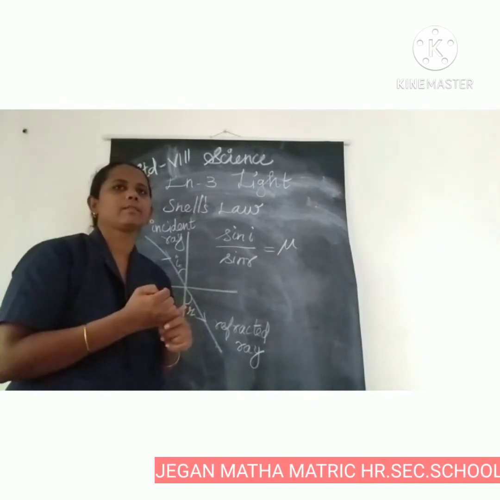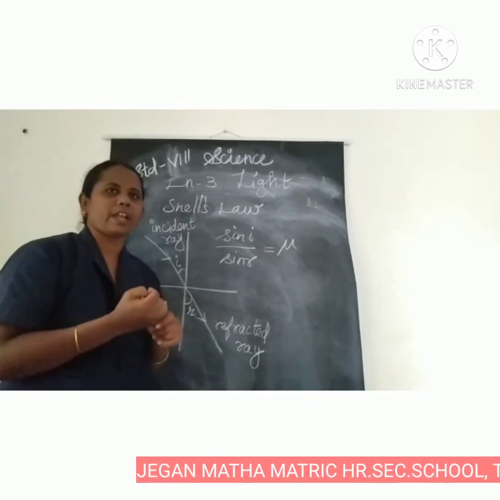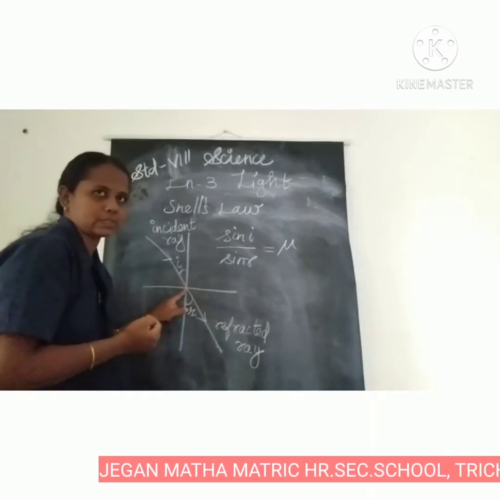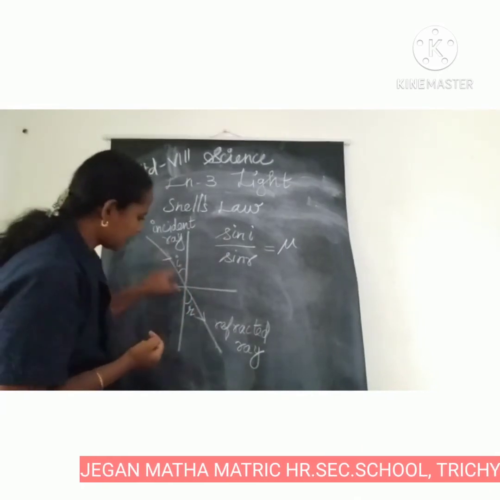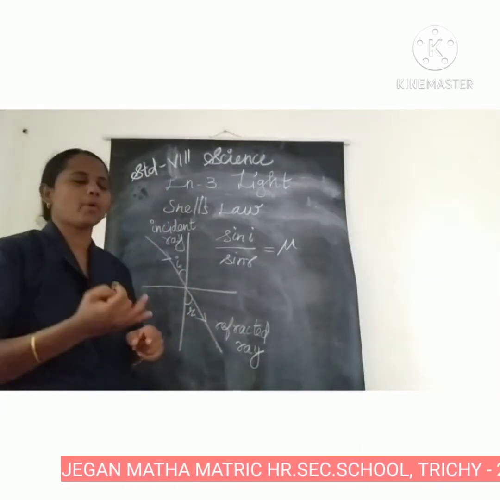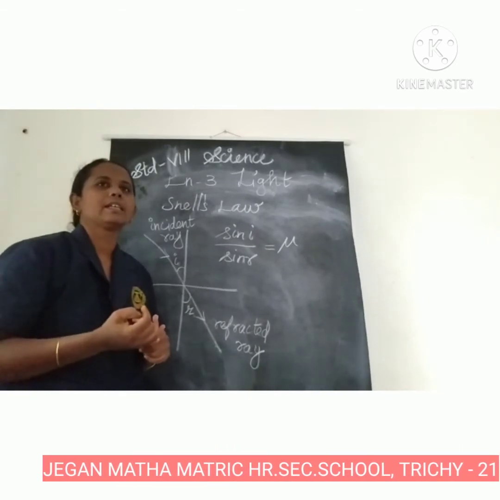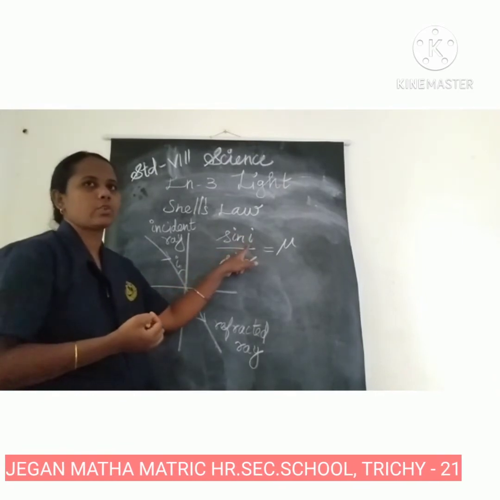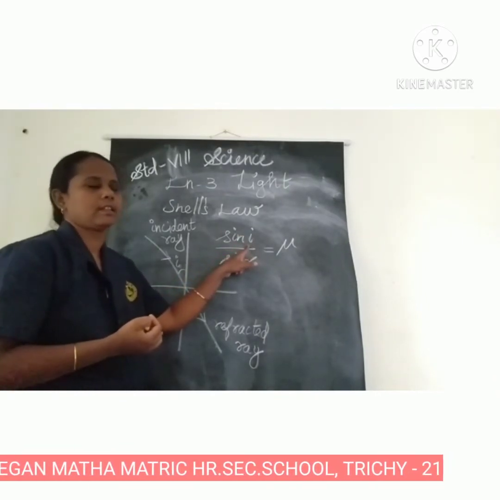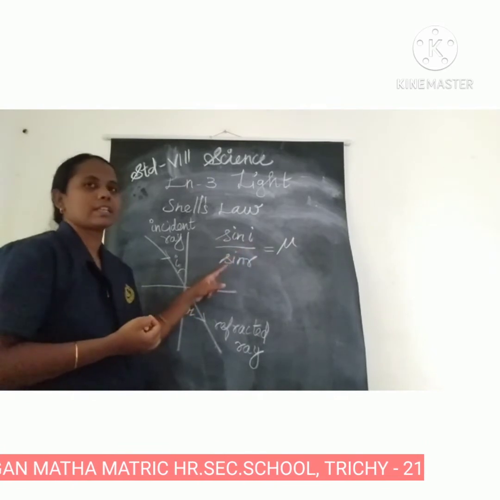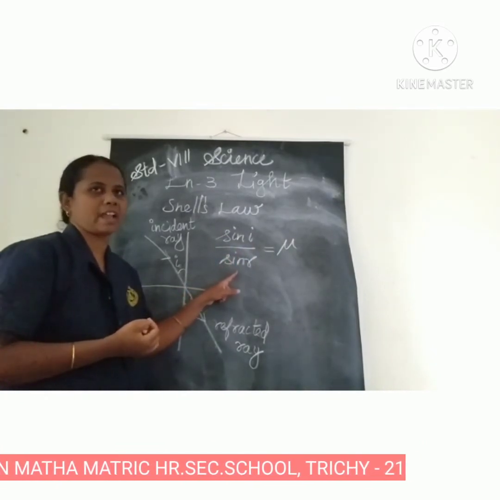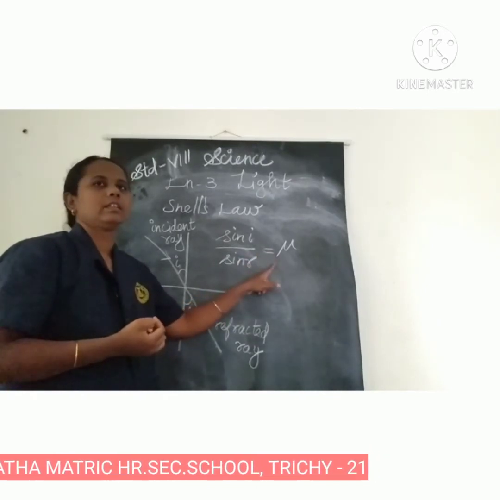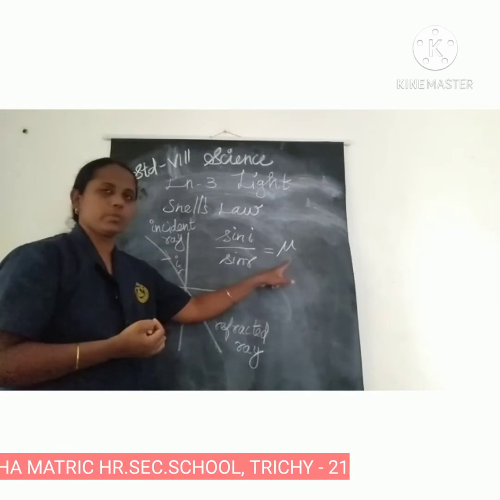Once again, Snell's law of refraction gives two laws. The first: the incident ray, the refracted ray, and the normal at the point of intersection all lie in the same plane. The second: the ratio of the sine of the angle I, the angle of incidence, to the sine of the angle of refraction, sin R, is a constant value, mu.